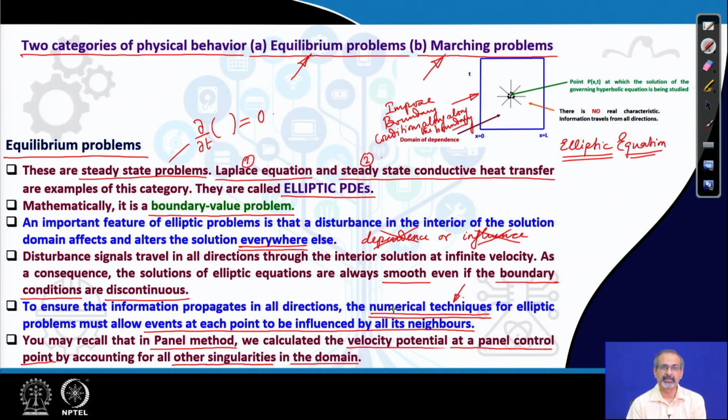In the panel technique, it is the distribution of singularities on the body as well as in the free stream, but all the influencing factors are coming in order to calculate the velocity potential at a panel control point. So, that is typically the strategy followed for solving elliptic partial differential equations, and we did it over there because we were solving Laplace equation through the use of those singularities.